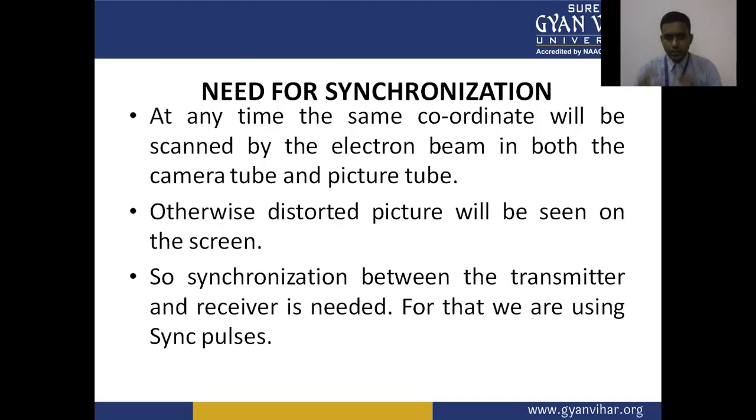At any time, the same coordinate must be scanned by the electron beam in both the camera tube and the picture tube. Otherwise, a distorted picture will be seen on the screen. If there is no synchronization pulse, a distorted picture will be seen on the screen.